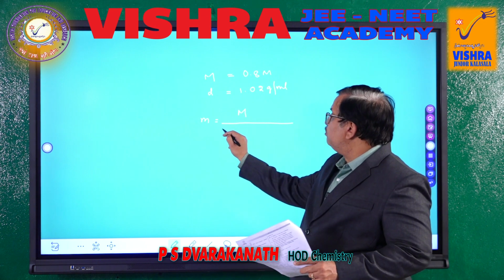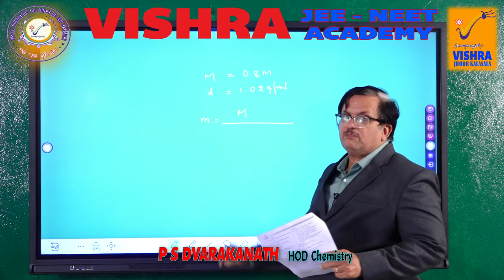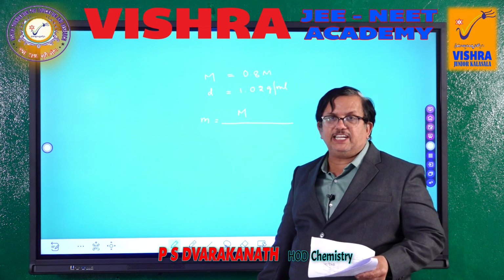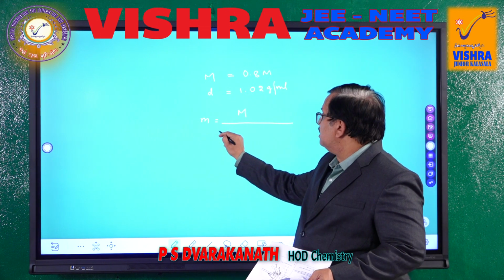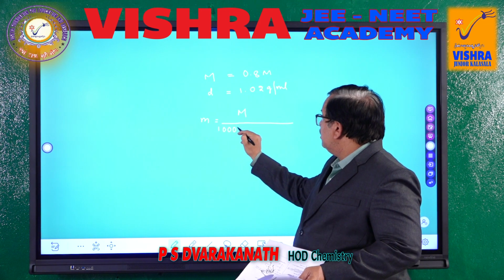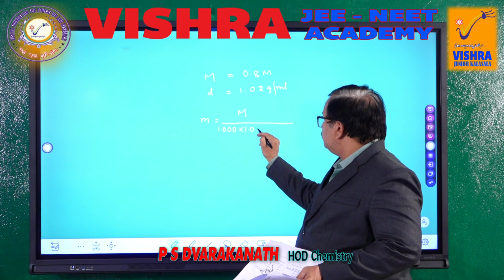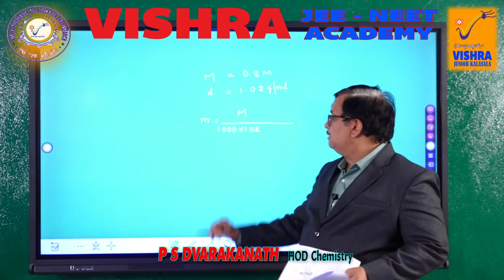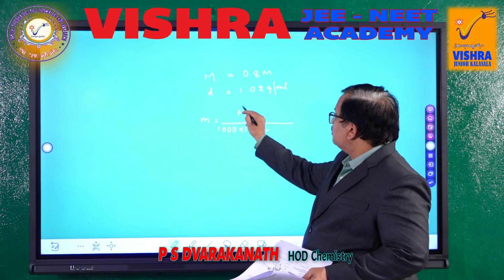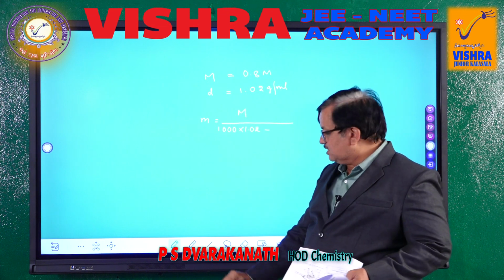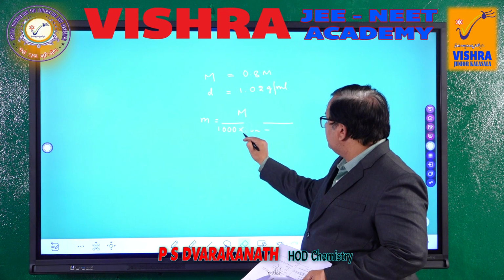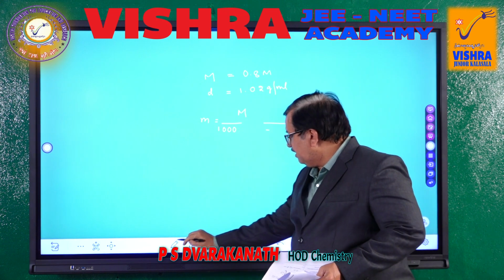What is the weight of solution? Since molarity is given, automatically the volume of the solution will be 1 liter, that means 1000 ml. 1000 into 1.02 will give the mass of solution, minus this mass gives the number of moles, isn't it?